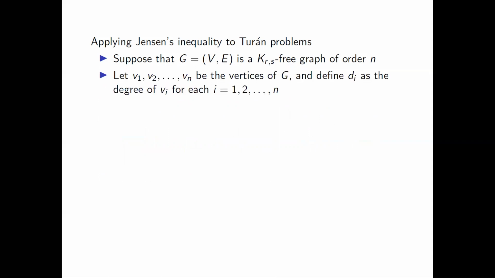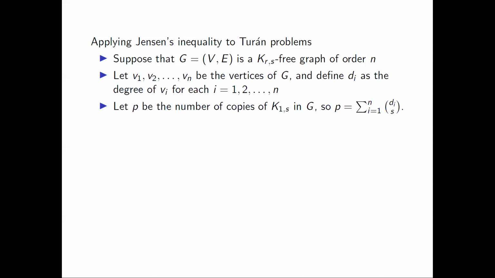We'll name the vertices V1, V2 up to Vn, and we'll define di for each i from 1 up to n as the degree of the vertex Vi. We're going to count the number of copies of the star K_{1,s} in this graph G in 2 ways, and it's going to help us get the upper bound that we're looking for.